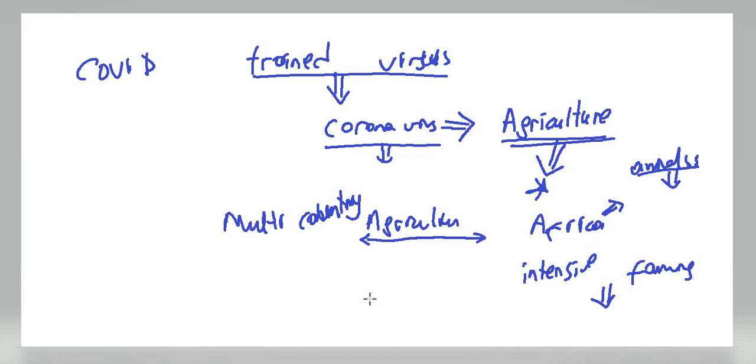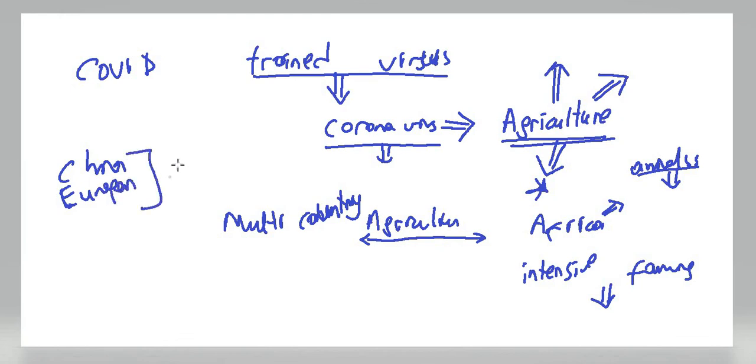Okay, so agriculture is training our pathogens. I will probably explain the molecular mechanisms later, but China and some other European countries should stop using African soils, okay?